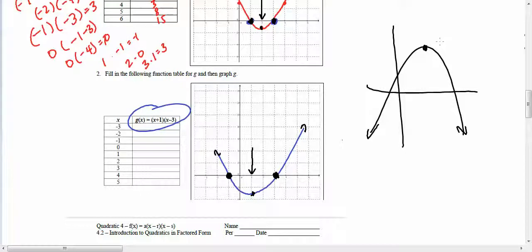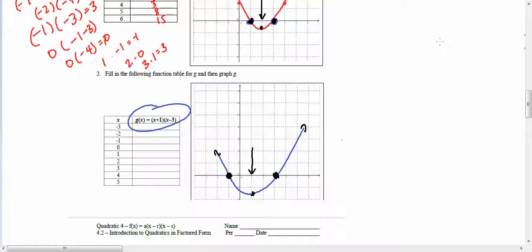All right. Here's what I want you to tell me. I want you guys to kind of look into this and tell me what your thoughts are. Where is the vertex located? What is the x coordinate of the vertex of this problem right here? It's pointing to it right there.